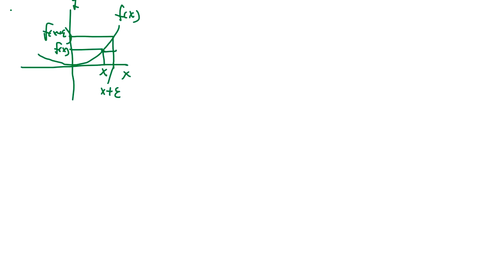So for this tangent, if we make epsilon 0, then this becomes x plus epsilon, and this is going to be f(x plus epsilon). So we take a ratio. How do we take a ratio? f(x plus epsilon) minus f(x), over x plus epsilon minus x.